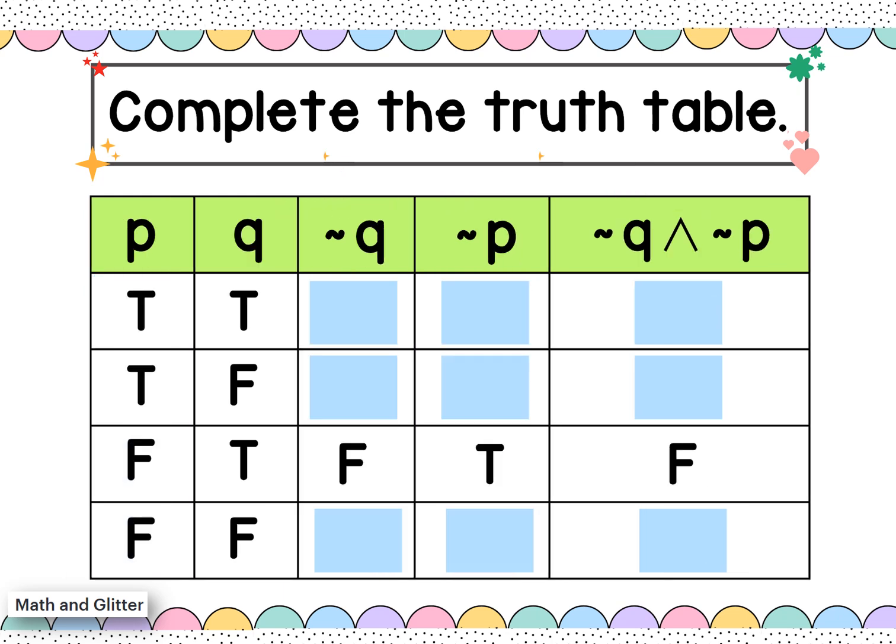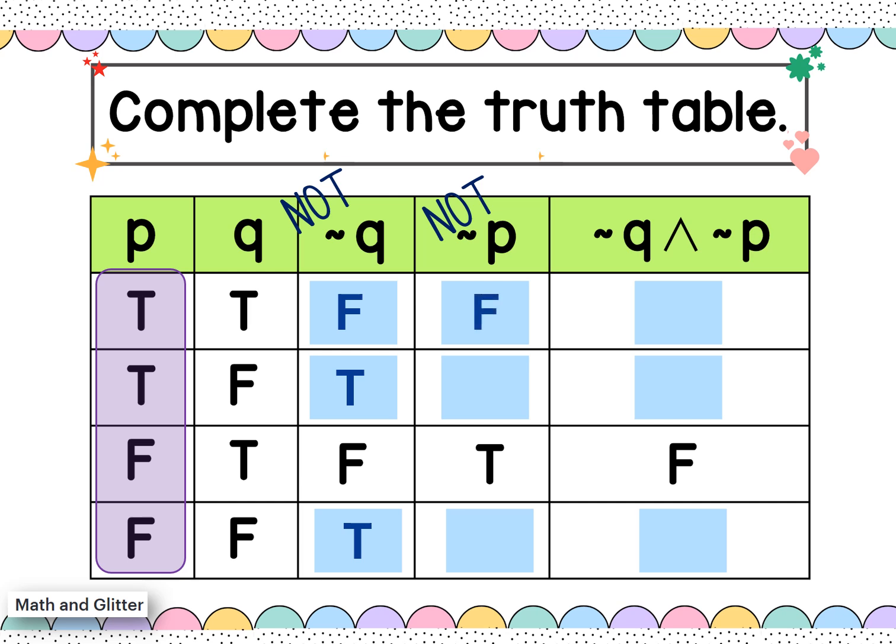Let's do another one. We have our P's and our Q's and their truth values. We need to negate the Q, so flip your switch. Switch your trues to false, your false to trues. And now we need to do the exact same thing with our P's. So P column is highlighted there in pink.